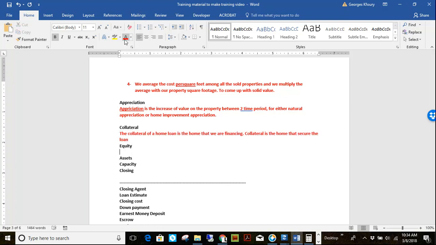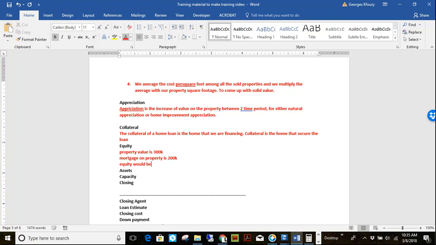Equity. What is equity? Let's say the property value is 300,000 and the mortgage on the property is 200,000.